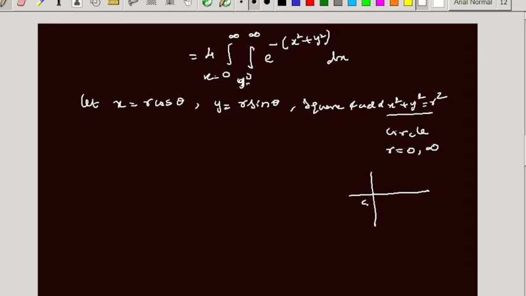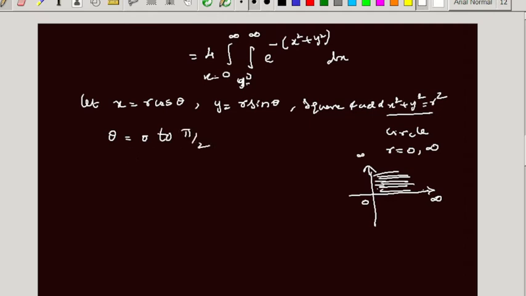Here x is 0 to infinity and y is 0 to infinity, so this belongs to the first quadrant. R is 0 to infinity, and theta in the first quadrant is 0 to pi by 2.